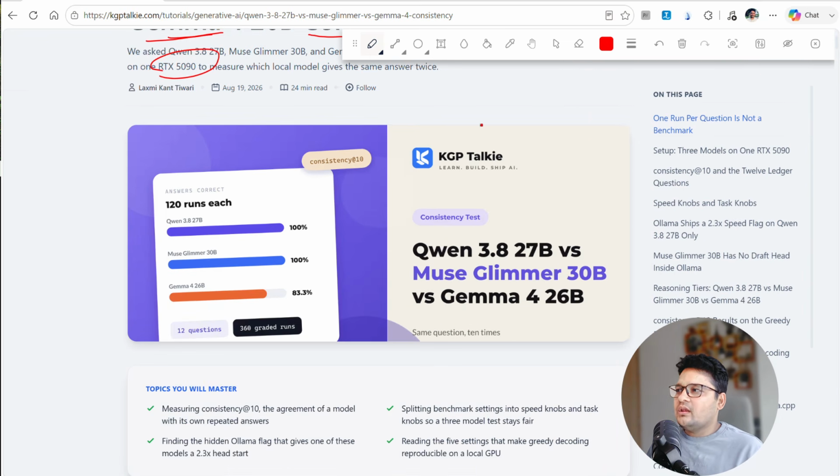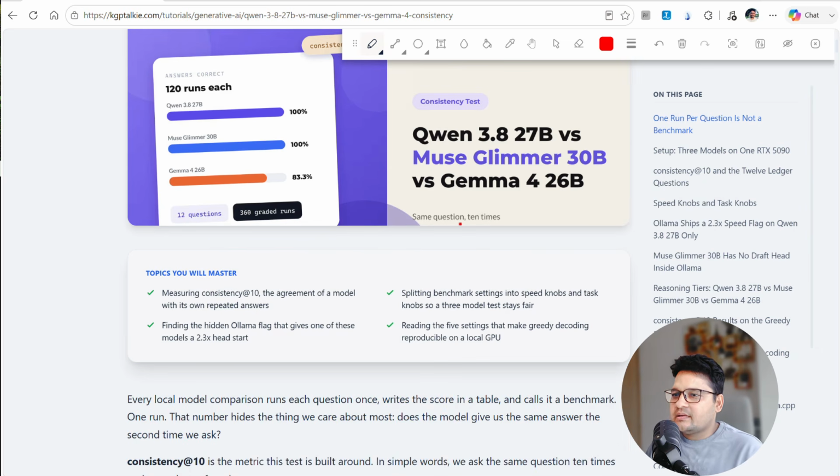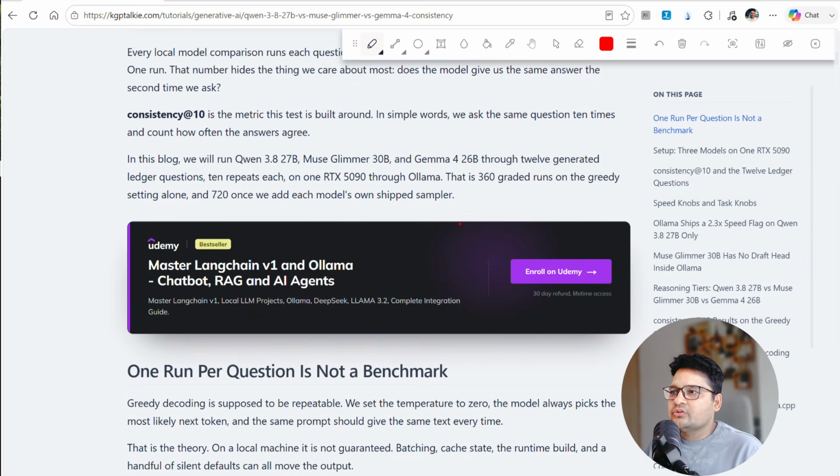First of all, let me tell you what setup I have so that you are aware of what we are currently testing. As I told you earlier, I have an RTX 5090. I'll be running Ollama. Apart from Ollama, I'll also be running llama.cpp for Meta's Muse Glimmer model so that we can utilize the DFlash of Muse Glimmer.